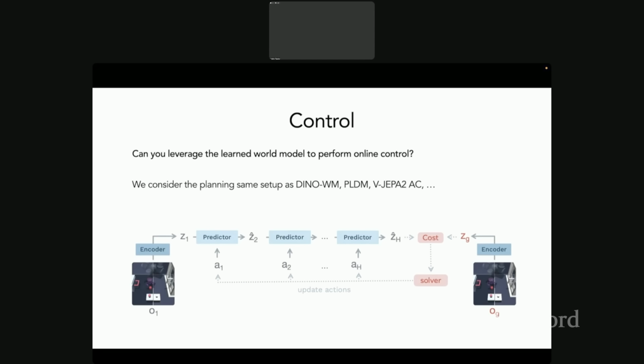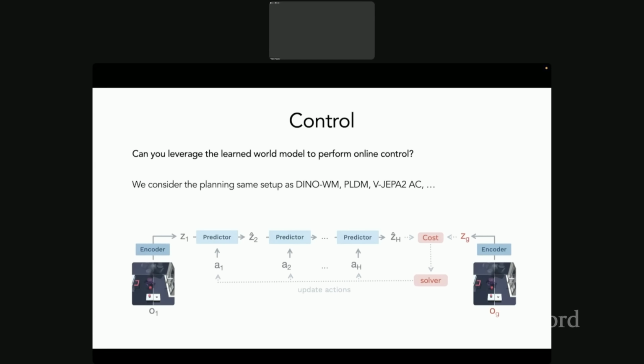You start from the current frame O1, you encode both through your encoder, you get the initial latent state Z1, and you have your target state, which is ZG. Then you sample an initial sequence of actions, and you use the first one with your first state inside the predictor, it gives you Z2, then you use the second one, and so on.